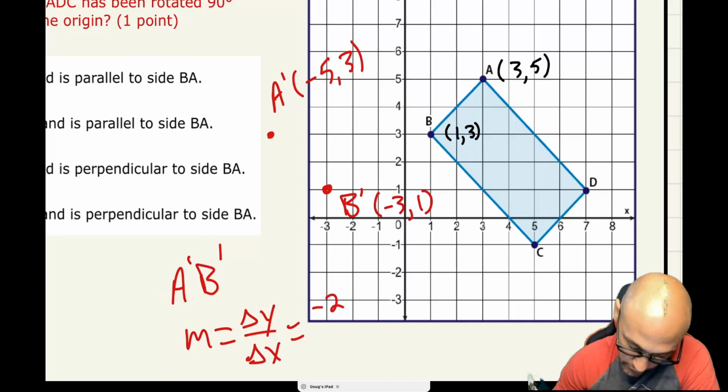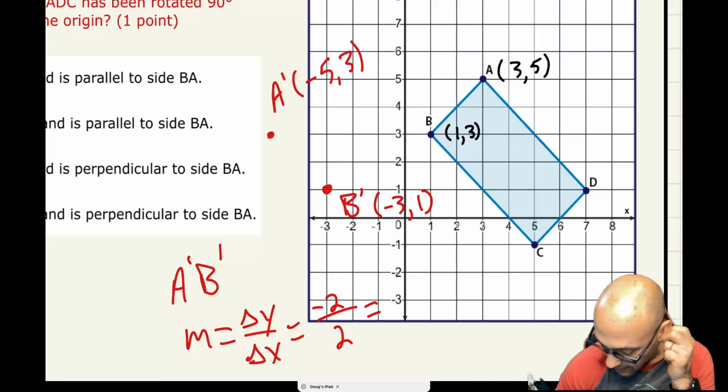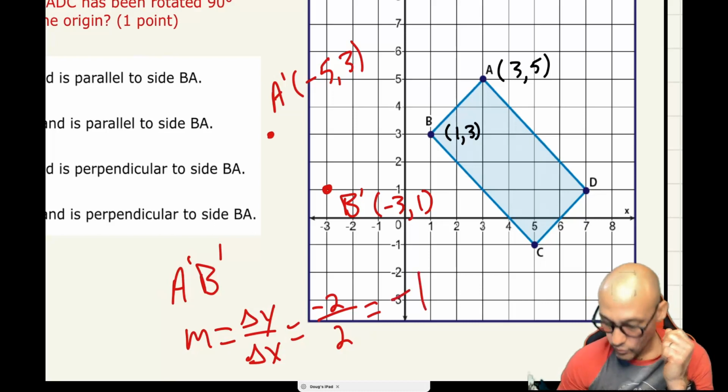So it's -2 for the delta y. If we go from the x value here to the x value there, we add 2. So the delta x is +2. -2 divided by 2 is -1.